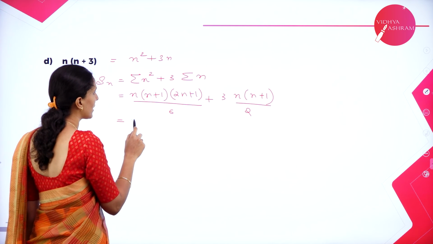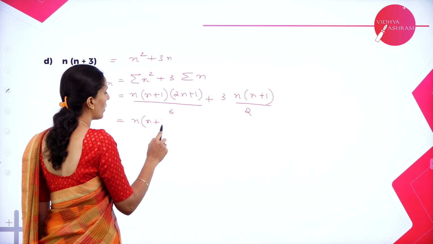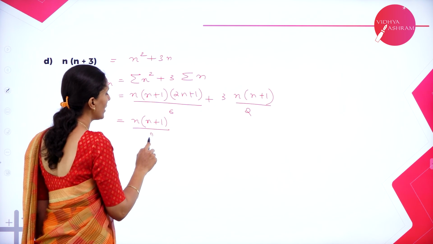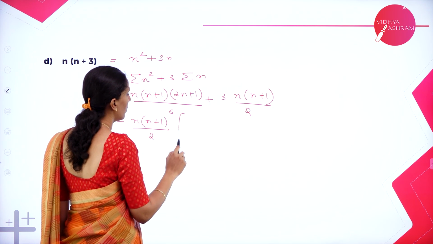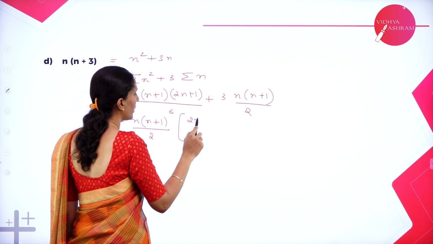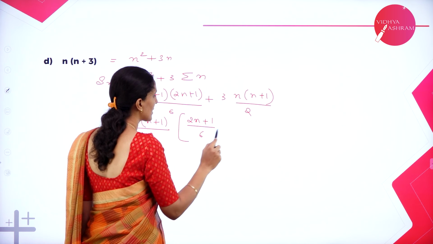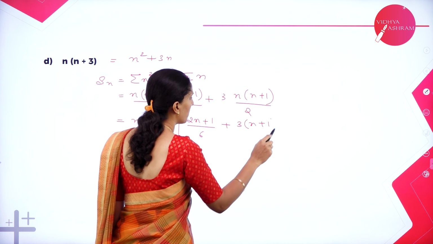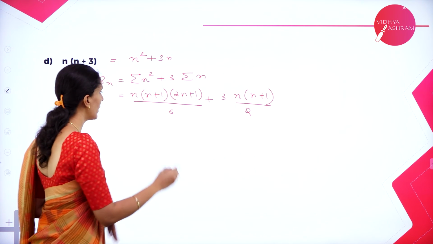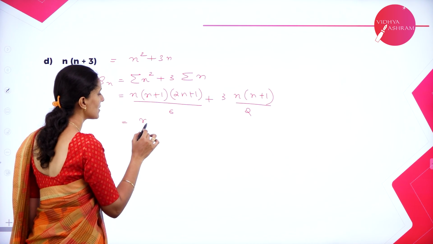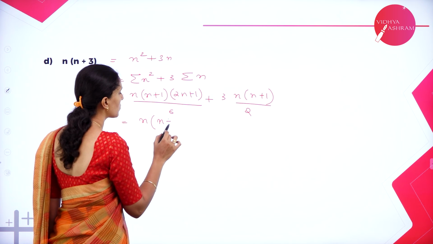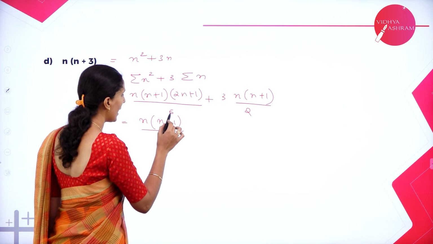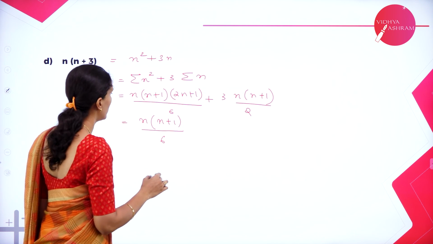So we can take n into n plus 1 by 2 as a common factor. So then we are left with 2n plus 1 divided by 6, and here we are left with 3 into n plus 1. So now here let me take n as a common factor, n plus 1 as a common factor and 6 as a common factor here.